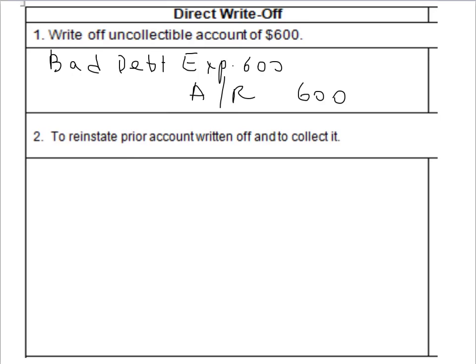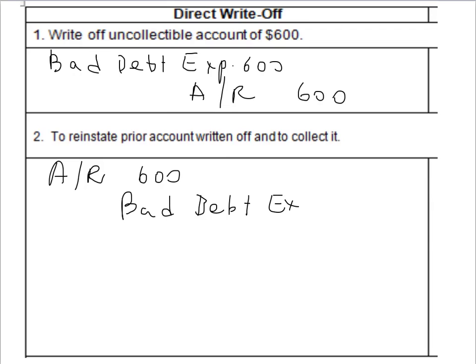Now all we're doing is getting that bad account receivable out of the trash can and reinstating it on the books. So I'm going to debit accounts receivable for $600 and credit bad debt expense for the same amount. Basically, we just reverse the journal entry.